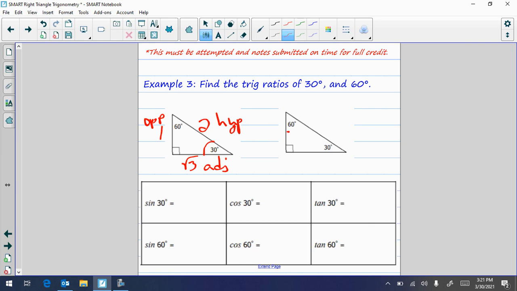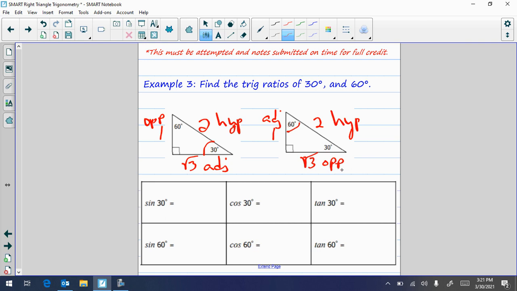When you're doing it for 60, 1 is your adjacent, 2 is still your hypotenuse, and square root of 3 is your opposite. So you're using the same triangle, but you're referencing different angles.